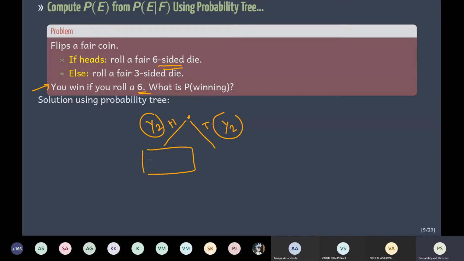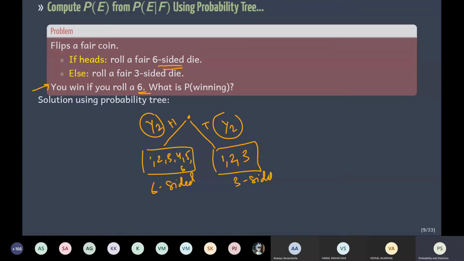So the possibilities that I can expect are 1, 2, 3, 4, 5, 6, and here the possibilities are 1, 2, 3. These are the outputs on the die. So this is from the 6-sided die, and this is from the 3-sided die. Right. So now, what is the probability that you win?